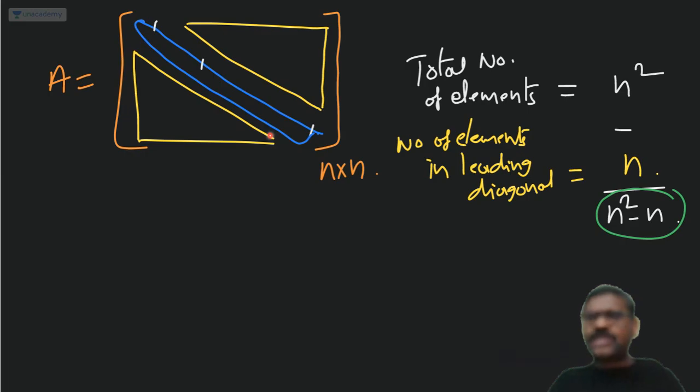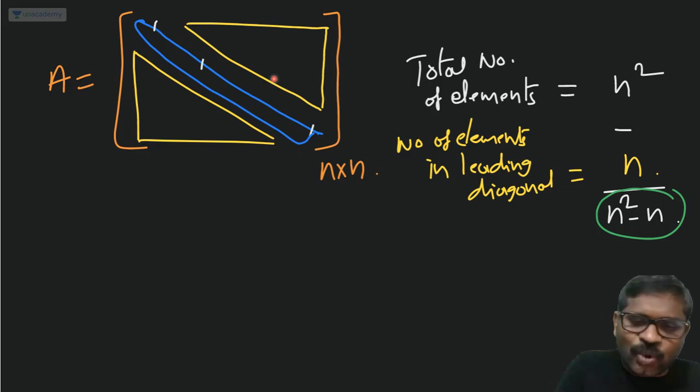Sir, what is the symmetric condition? A12 and A21, A13 and A31, A14 and A41, Aij and Aji must be equal. That's why the total is n square minus n elements.